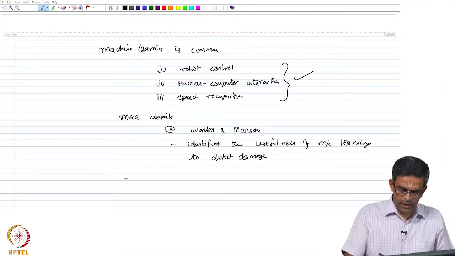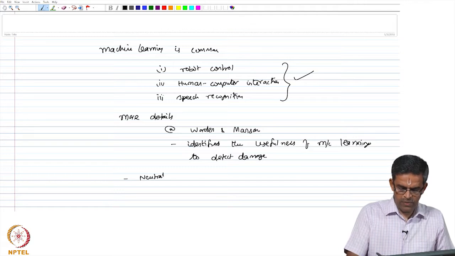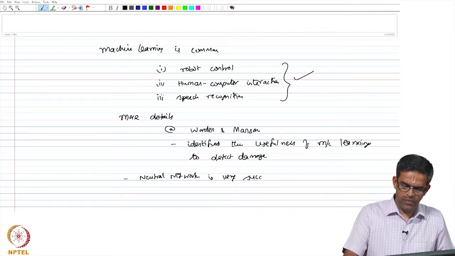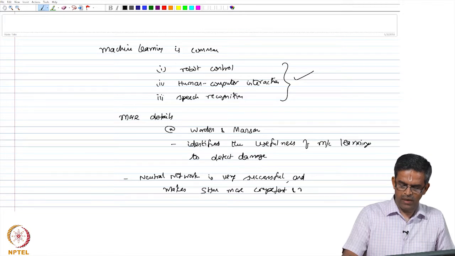Their application in neural networks is very successful and makes SHM more competent and reliable.